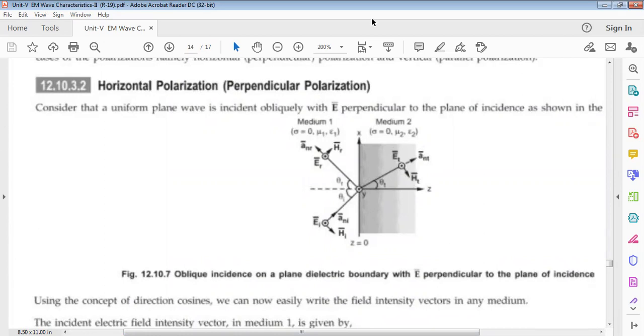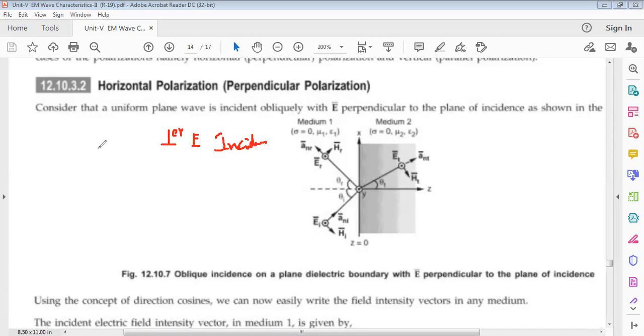Why is it perpendicular polarization? The electric field E bar is perpendicular to the plane of incidence, or parallel to the boundary surface. It is called perpendicular because E is perpendicular to the incident wave.